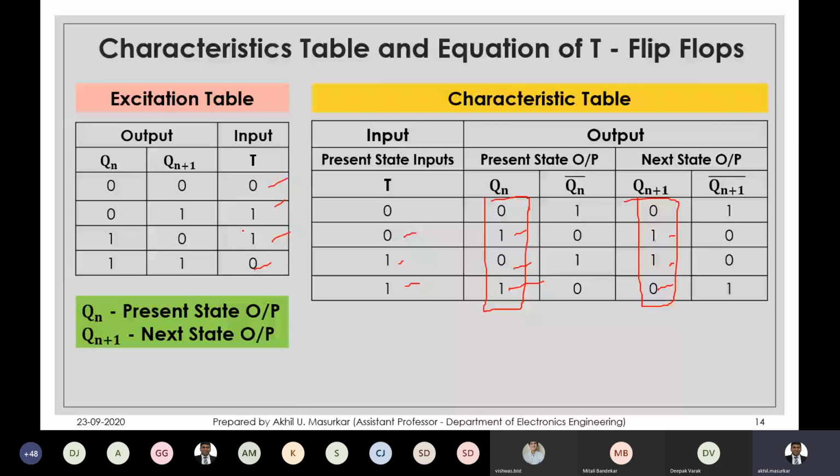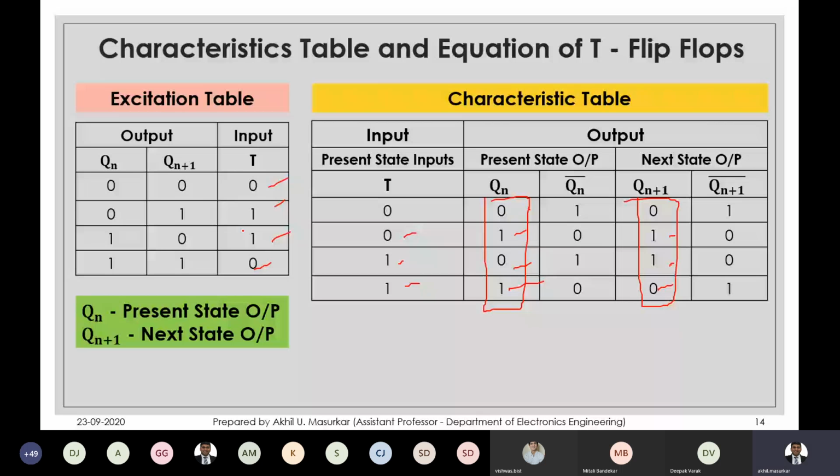You can go to excitation table without even doing or calculating characteristic equation. Okay, Gaurav, this is done.